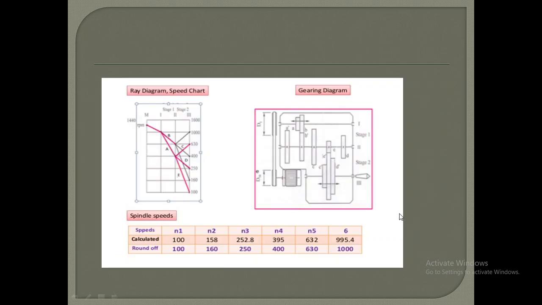That's why when you draw the structure diagram or speed diagram, you have to draw one more extra horizontal line here, because we want to show the electric motor speed, which is between 1000 and 1600: 1440 is there.